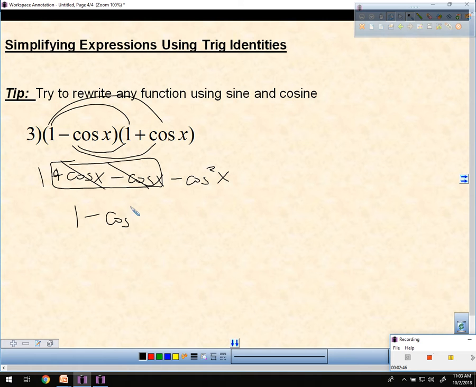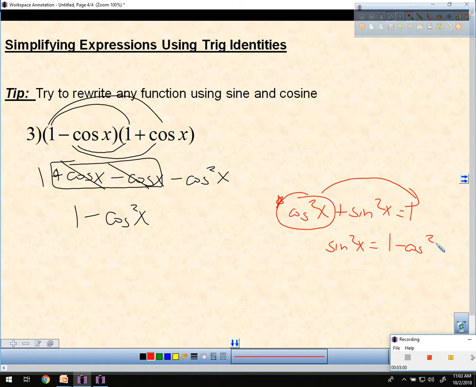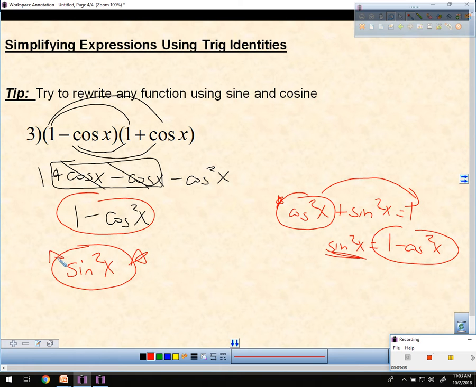That leaves me 1 minus cosine squared of x, and again, recall your Pythagorean identity: cosine squared plus sine squared is equal to 1. So sine squared of x is equal to 1 minus cosine squared of x, which is what I have, and that would be my answer for that one.